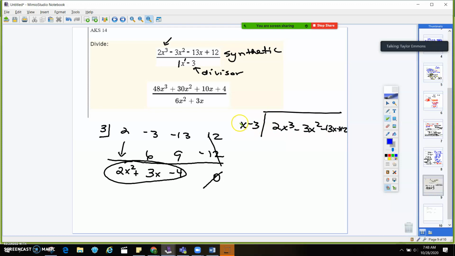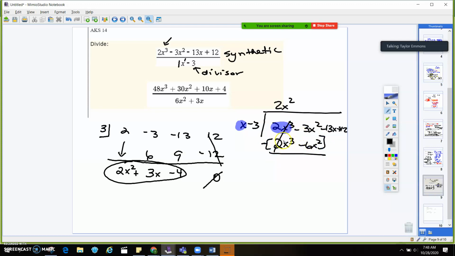We would use just the first term and this term. So the first one here, first one there. And we would say to ourselves, what times x would give us 2x to the third? So that would give us 2x squared. Then we're going to multiply by everything on the outside, which would give us 2x to the third minus 6x squared. And then we're going to subtract it.